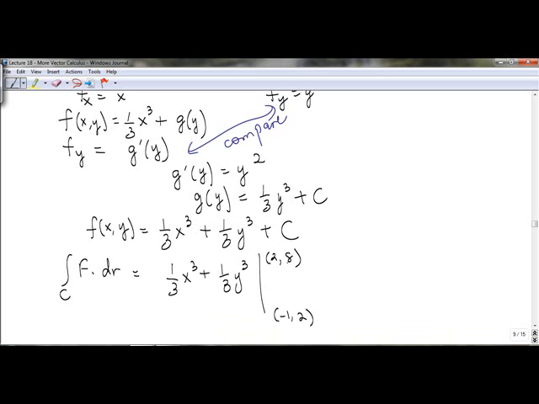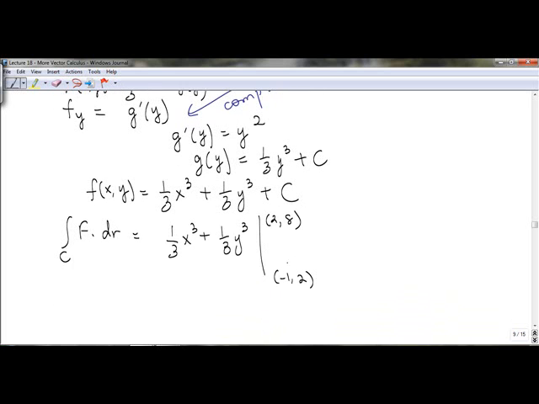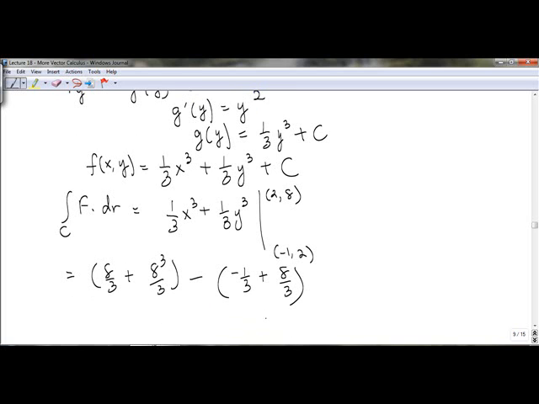Okay, plug that in. So you first put 2, 8 in there. That's 8 over 3 plus 8 cubed over 3, minus, put the other point in there, that's -1/3 plus 8 over 3. And this ends up being 171.